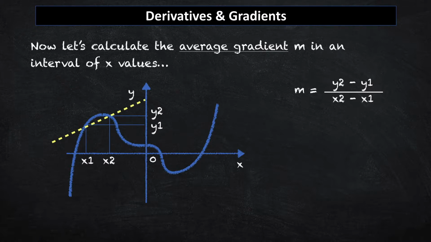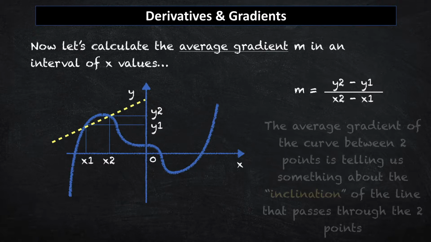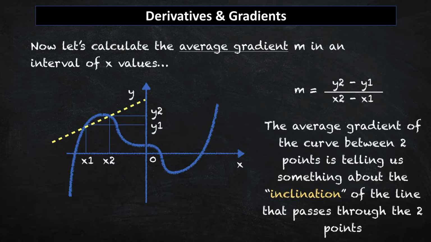Now, if we draw the line that connects the 2 points x1 and x2 on the curve, we can see that the average gradient of the curve between 2 points is telling us something about the inclination of the line that passes through the 2 points.